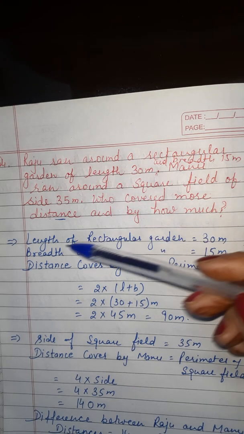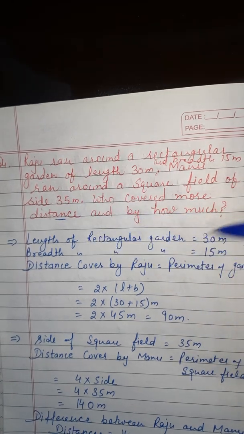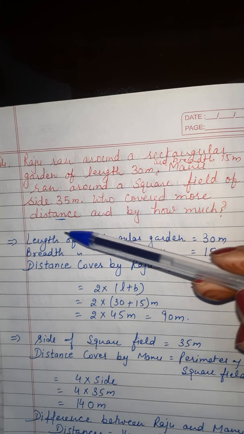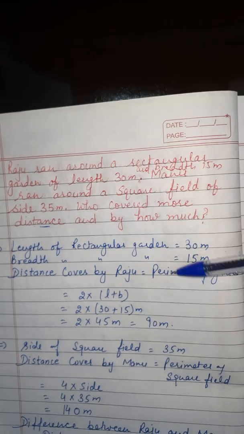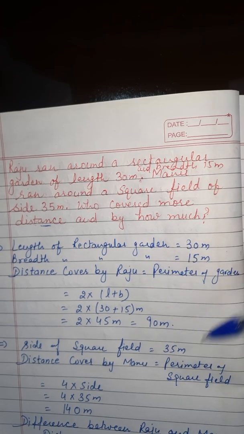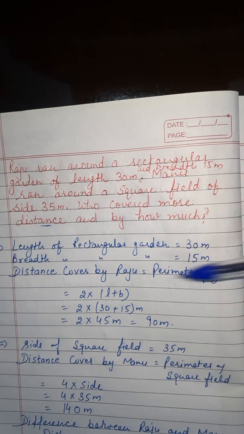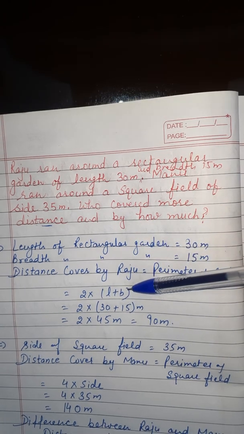To find the distance covered by both boys, we will find the perimeter of the given field and garden. In the first case, for Raju, the length of the rectangular garden is 30 meter and the breadth is 15 meter. So the distance covered by Raju will be equal to the perimeter of the garden, and the perimeter of a rectangle is 2 into (L plus B).